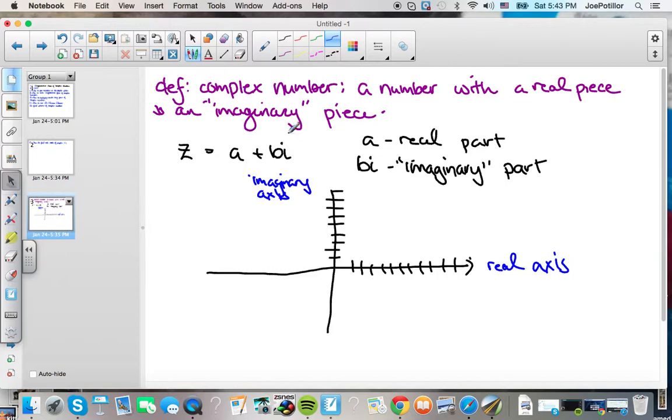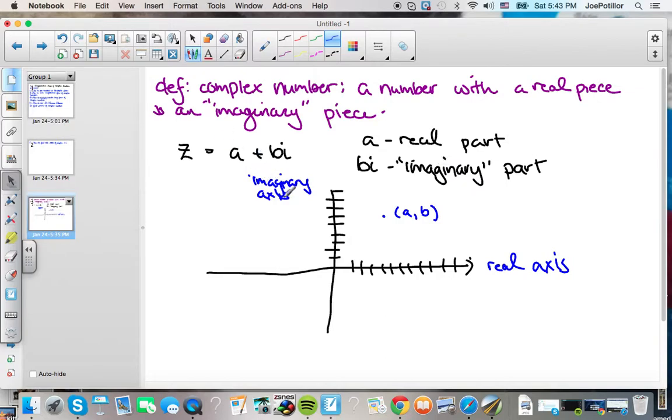Okay. And any point on this graph, so we'll place it right over here, for example, is the point (a, b), like this. And (a, b) represents an imaginary point.